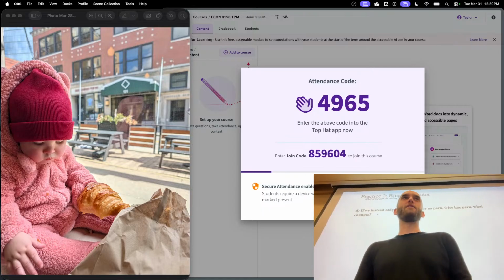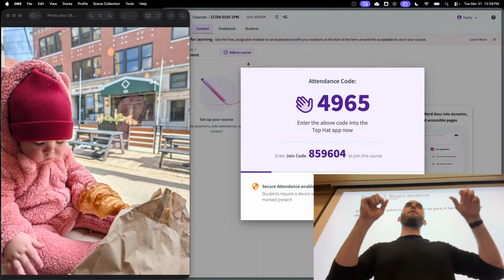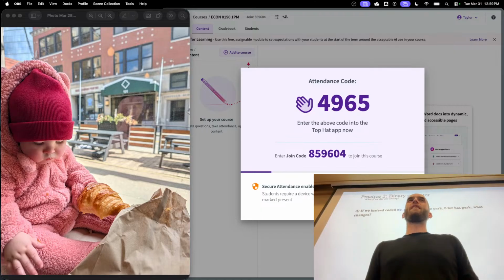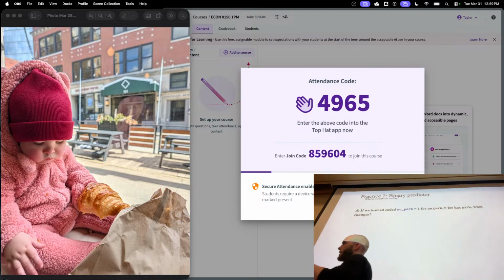How would our model change? We're changing the way we've coded this. How would we set this up? Let's take maybe 2 minutes here. All we're doing is switching the framing from whether it has a park, we code it as 1, to if it doesn't have a park, then we code it as 1.